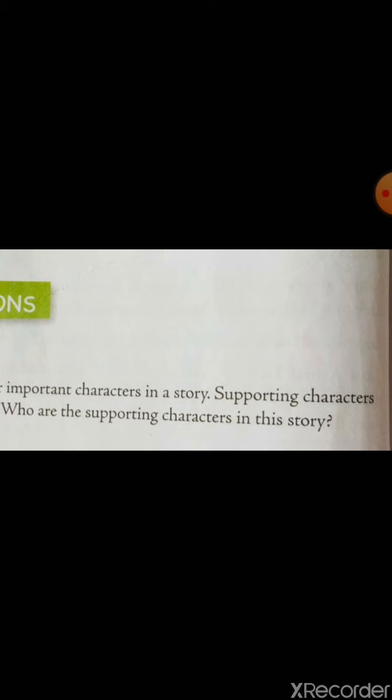So the main character in this story is a boy, his name is Ashraf, and there are 2-3 more characters we can call supporting characters, okay. 2 friends of Ashraf. First one is Eugene, second one is Sagan, and third one more boy is there, that is Simon, okay. So here is your answer of this question.